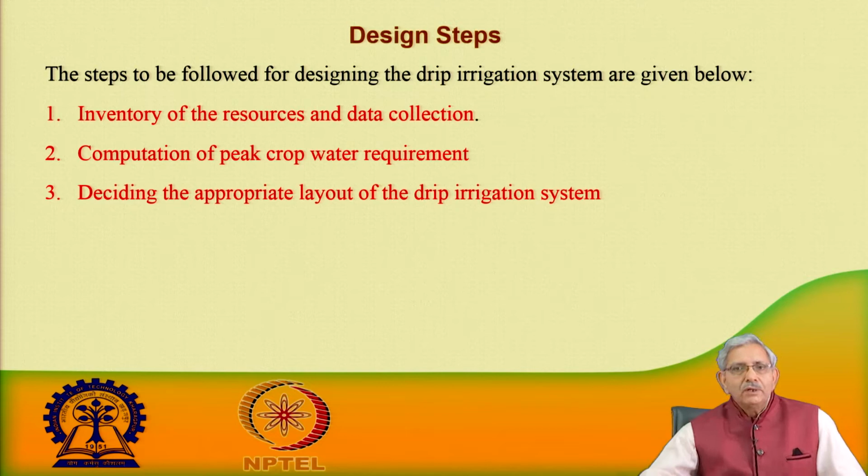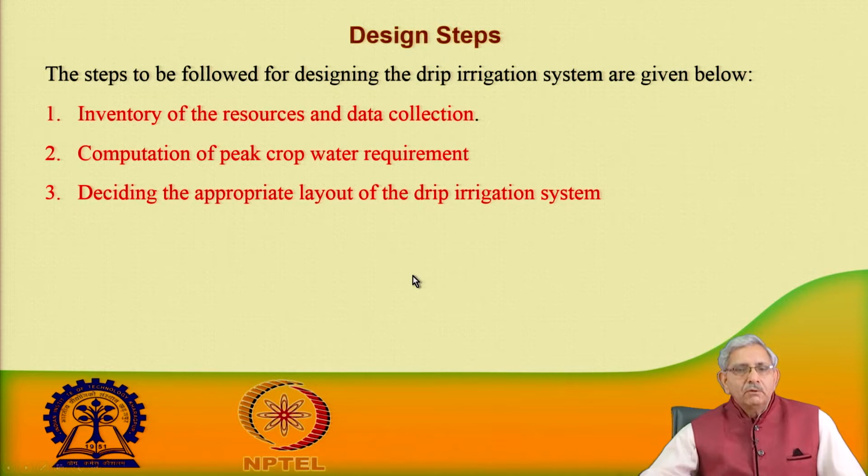Means what is the type of soil, what is the land elevation, what is the source of water, whether source of water is adequate, what is the quality of water. These come under the resource inventory, and then we should collect those data and analyze them carefully, that will become an input when we are taking design.